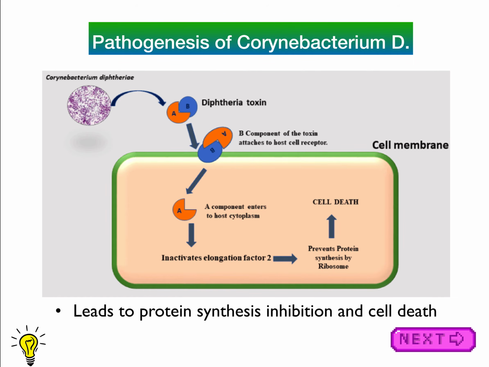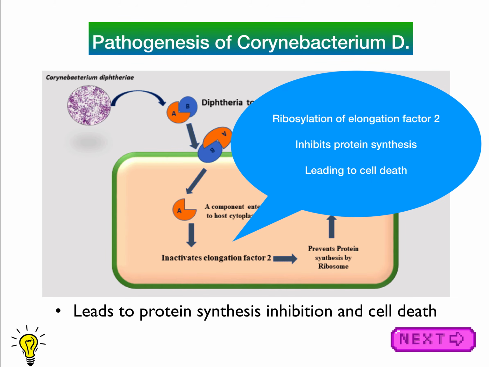So the B component of the toxin actually attaches to the cell receptor, and after that A will dissociate from B. So once again, A and B are 2 subunits of the same toxin. A for active, B for binding. Remember it that way. B will bind, A will dissociate, A will enter the host cytoplasm, and then it will inactivate elongation factor 2.